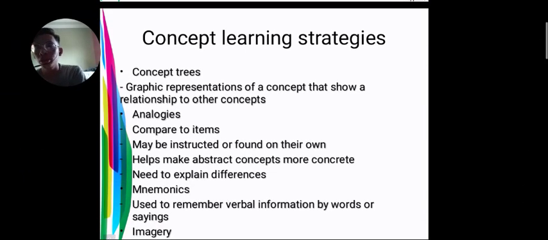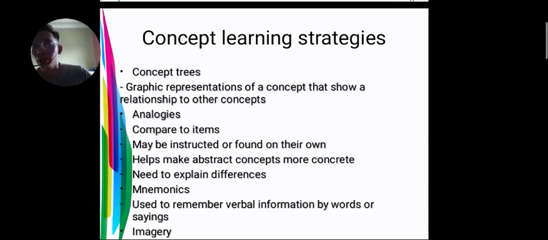The concept learning strategies. First, the concept trace, a graphic representation of a concept that shows its relationship to other concepts. Second is analogies, where compared items may be instructed to help make abstract concepts more concrete, and we need to explain the differences.